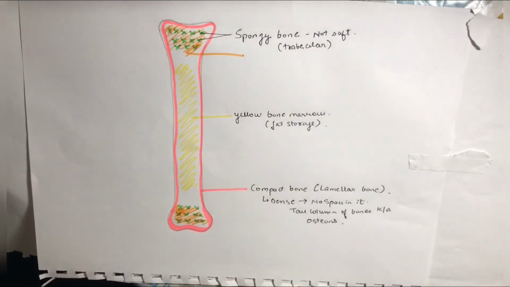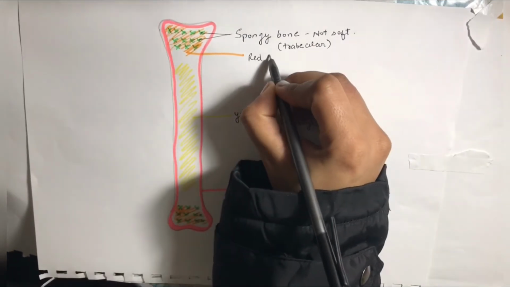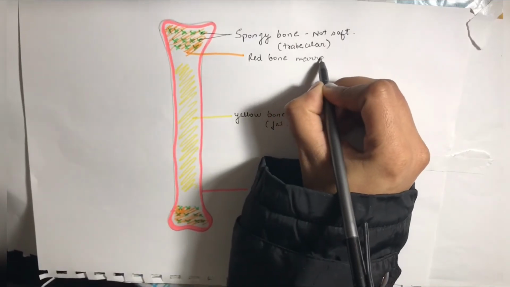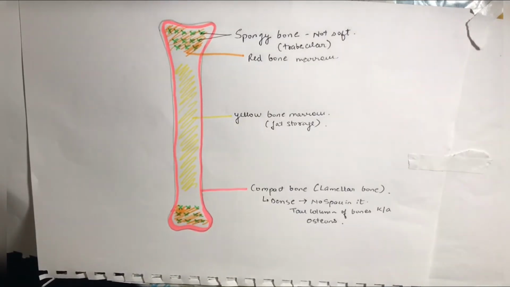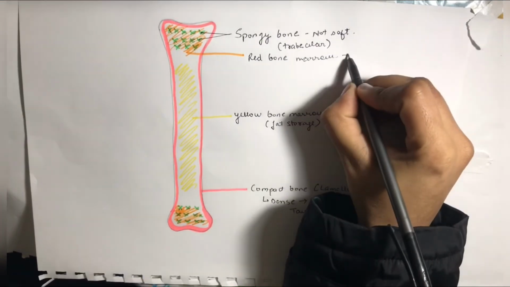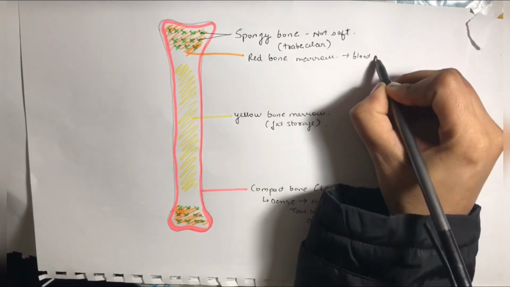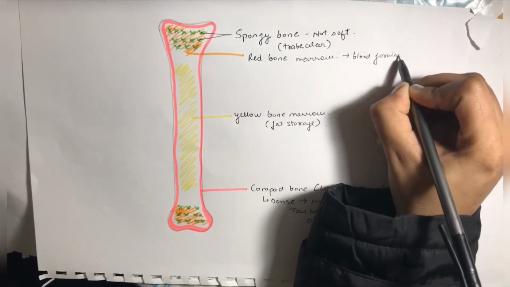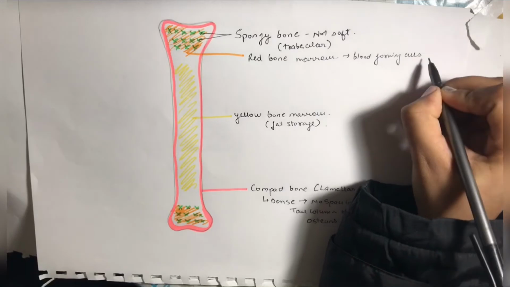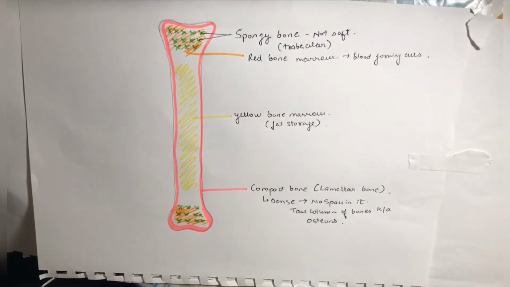The reason it is red is that it is made up of hemopoietic stem cells, which are blood forming cells. This is very important because it provides nutrition and all the essential things required for the growth and health of the bone.